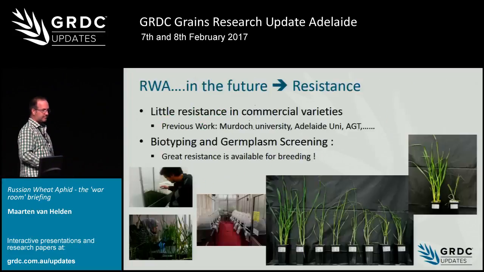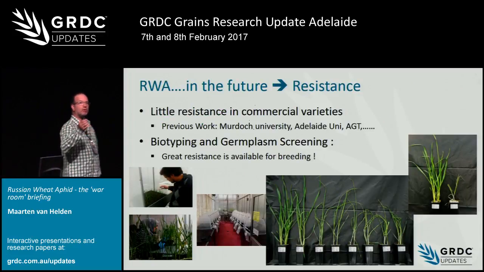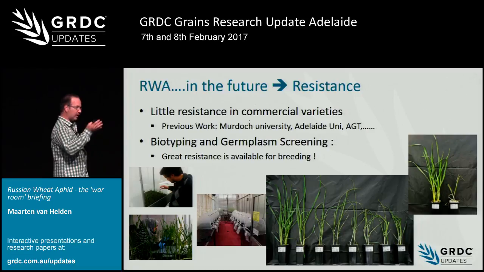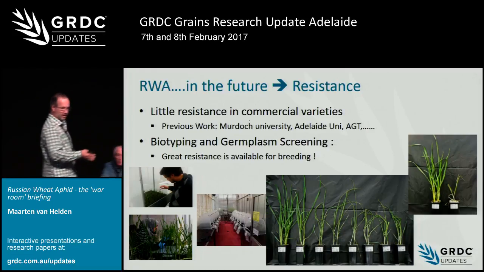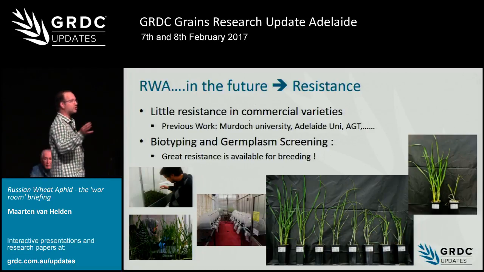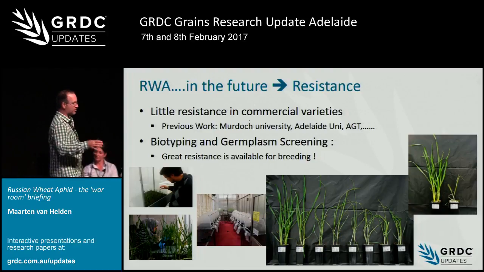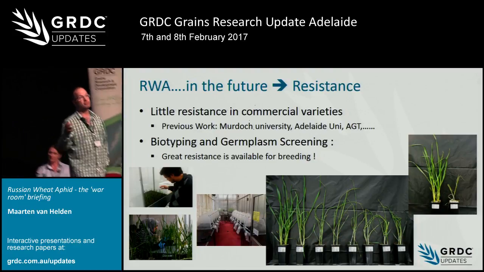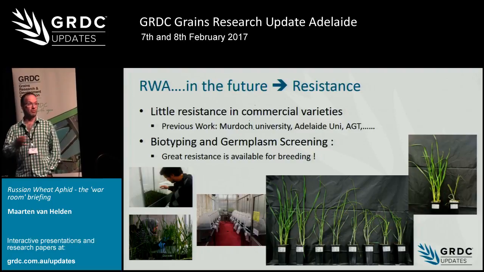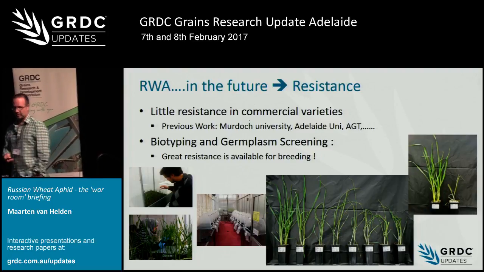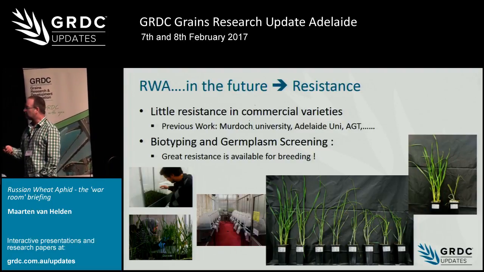In the future, resistance will be brought into commercial cereal varieties. We've been doing a bit of screening. At the moment, it's obvious that there's not much resistance in the Australian varieties, simply because they were never developed for resistance against this aphid, so that's not very surprising.